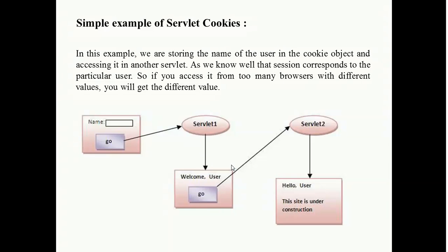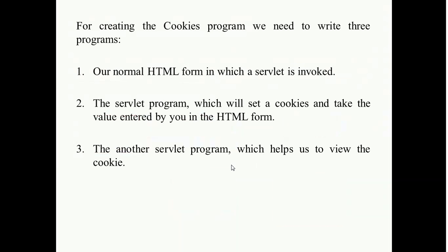The main use of cookies is to access data from other web browsers, and cookies can save some little information that is left on your computer by another computer. Now, for creating a cookie program we need to write three programs. First our HTML code, then the servlet program which will set the cookie and take the value entered in the HTML form.